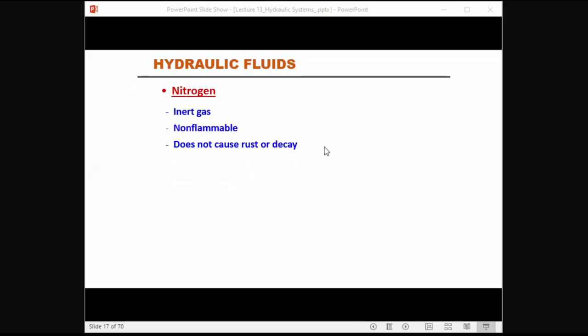Nitrogen, however, is preferred in specialized environments, especially in critical systems, because it is inert, non-flammable, and corrosion resistant. According to these safety cases, they use nitrogen for aerospace applications.